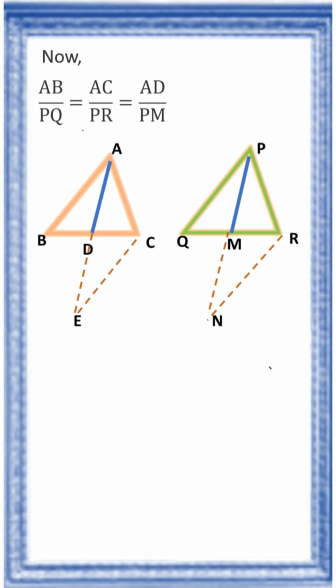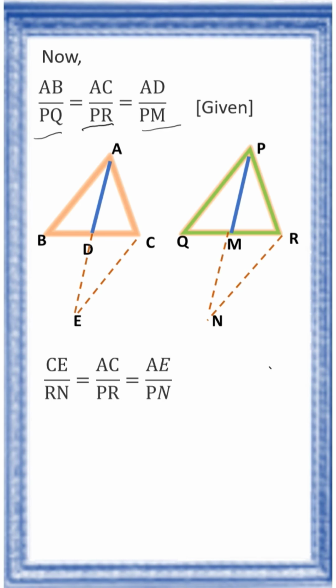Let us retain this and change the rest. Instead of AD, let us substitute CE. Instead of PQ, RN, and instead of AD, AE, PM, PN.